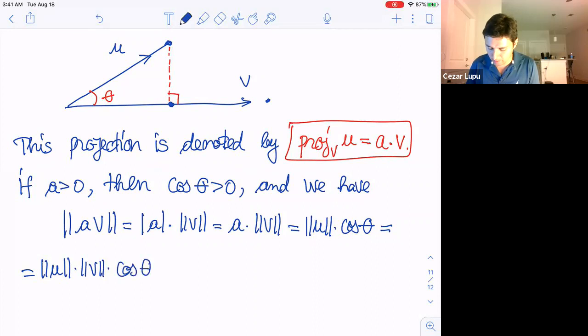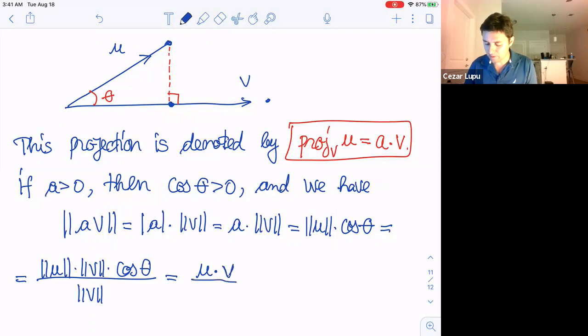Let me write it this way. Let me multiply and divide by the length of v. And this guy is nothing else than just the inner product or the dot product, because we're in R2 right now, between u and v over the norm, the length of v.